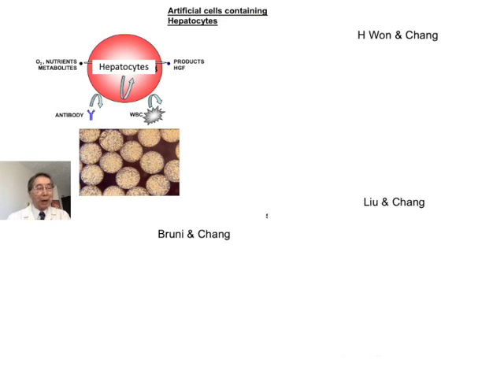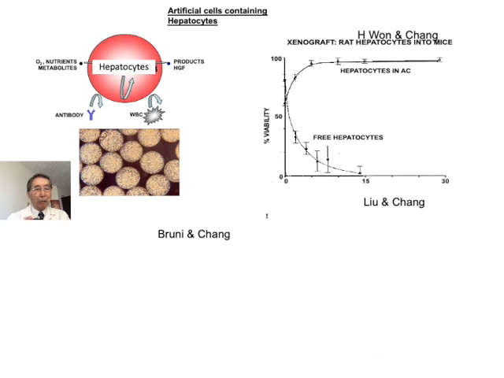For instance, you can put hepatocyte liver cells inside an artificial cell, and it's prevented from rejection. These are red hepatocytes in mice, quickly rejected when free-form. If it's in an artificial cell, it's not rejected.